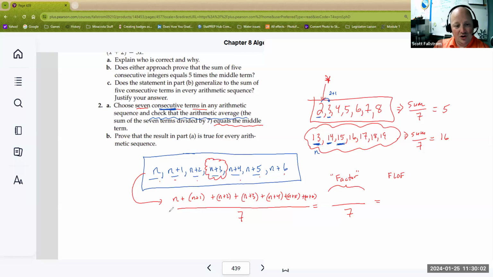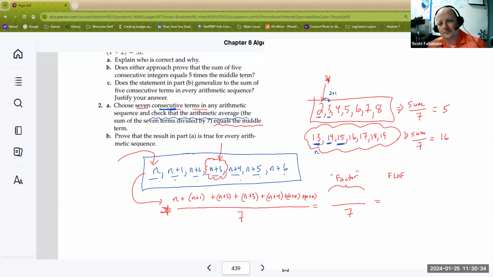So if you're able to show that when you do this process and you divide by 7 and then simplify, you get n plus 3, you have now demonstrated that no matter what number they start with, once they make a sequence of 7 consecutive numbers, the average of that group of 7 numbers is always going to be n plus 3, the middle term.